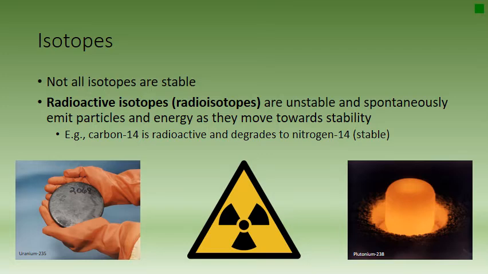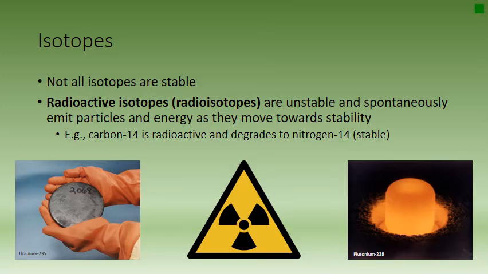In carbon 12, there are 6 neutrons and 6 protons, but in carbon 14, there are 8 neutrons and 6 protons. They are both still carbon because they have the same atomic number, but they have differing numbers of neutrons, which gives them differing atomic masses and different physical properties.